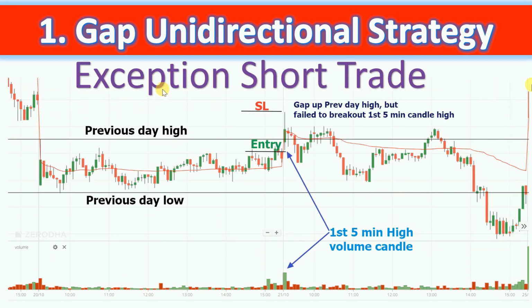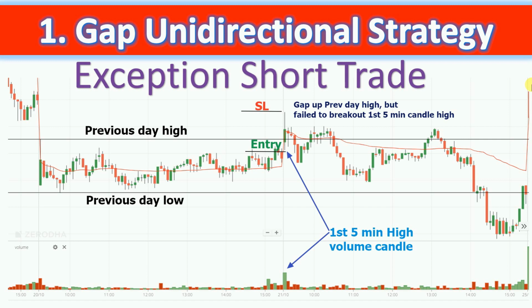Similarly, the exception in a short trade: I have marked the previous day high and previous day low, and prices gap up near the previous day high, and the volume of the first 5-minute candle is also very high. But there is one exception.